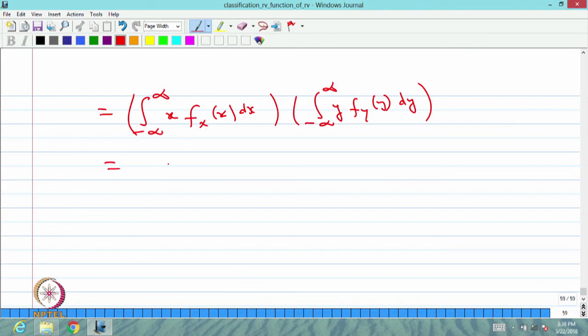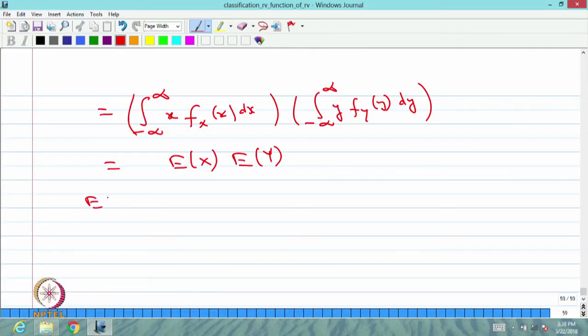We know that the first integration is the expectation of x and the second integration is the expectation of y. We have given the derivation considering both random variables of the continuous type. Even if both are of the discrete type, you will get the same conclusion, that the expectation of x into y is the same as the expectation of x into the expectation of y.